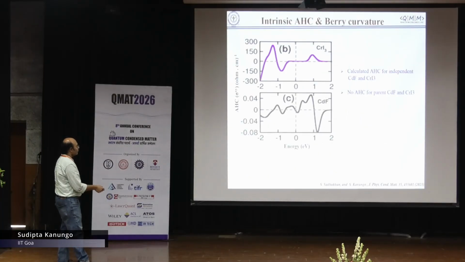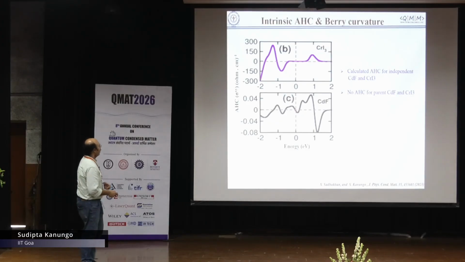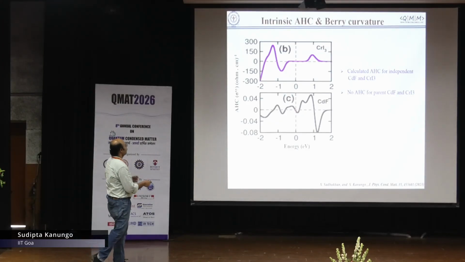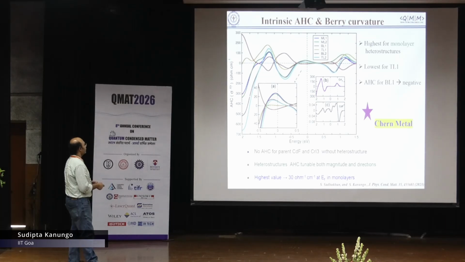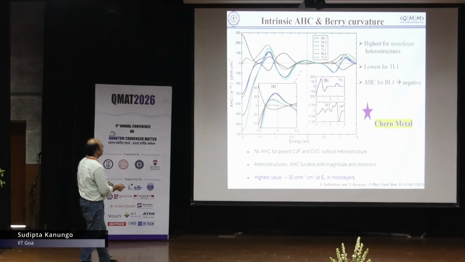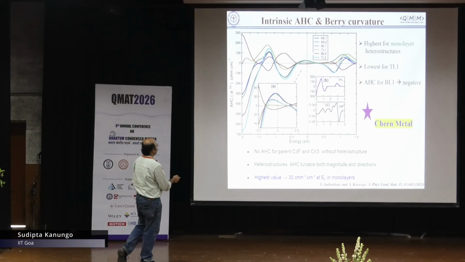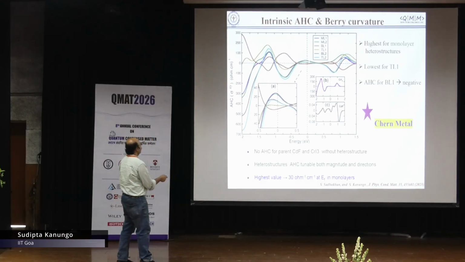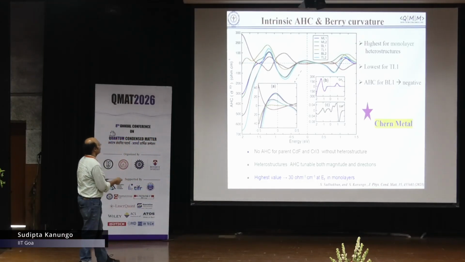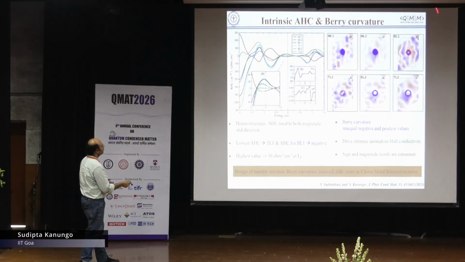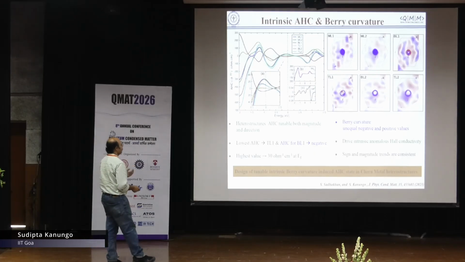So in both cases independently, for the chromium and cadmium, there is no anomalous Hall conductance. However, if we calculate the anomalous Hall conductivity for the heterostructure, you can see nice anomalous Hall conductance at the Fermi energy, increasing at the point of the crossing, and this is coming purely from the Berry curvature feature.